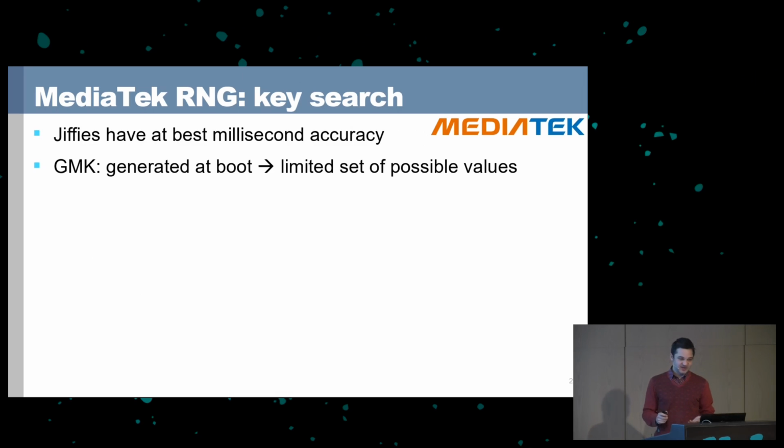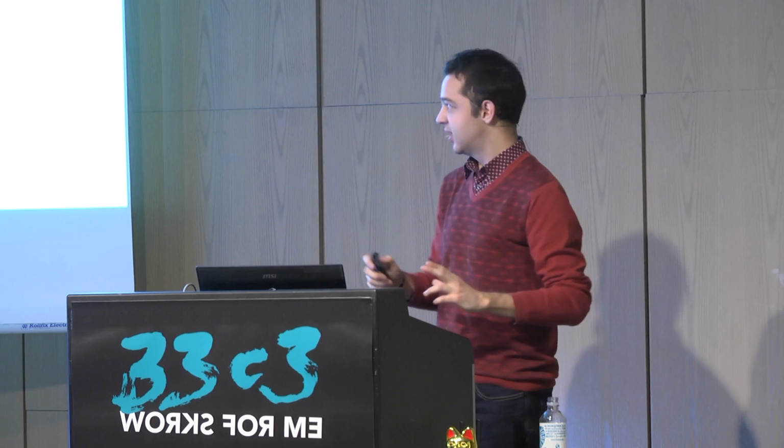So this means in practice that the GMK, this secret key which is generated at boot, generally always uses the same jiffies values, so the same clock values. That means in practice, for the GMK, there are, say, around 200 to 300 possible values. I tested this on my device, and for a specific device on a specific firmware version, you have a limited set of possibilities.